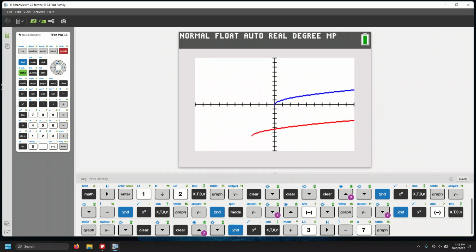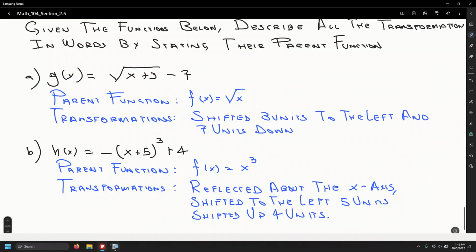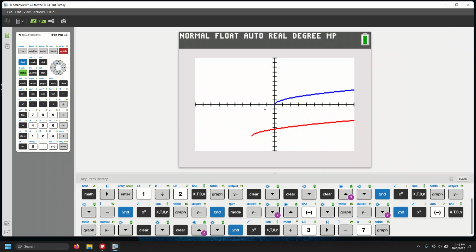You can always use the origin as your reference point, because shifting 3 units to the left and then 7 units down is like dragging the graph from the origin and moving it. 1, 2, 3 units to the left, and then 1, 2, 3, 4, 5, 6, 7 down. Here we can see it on the graph, right?